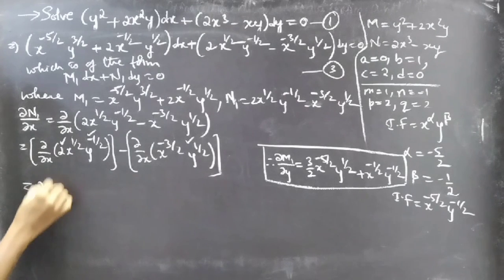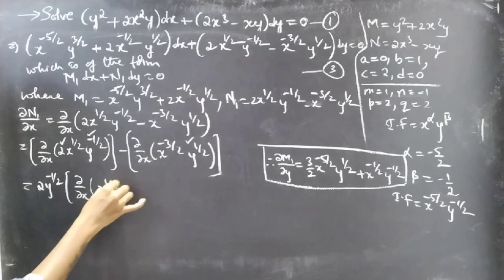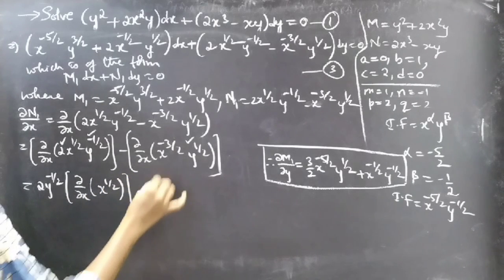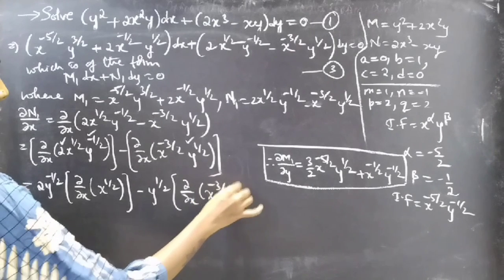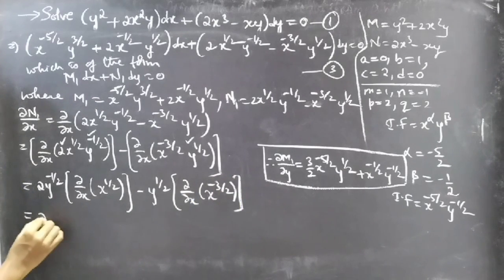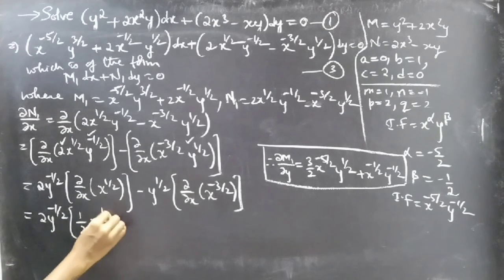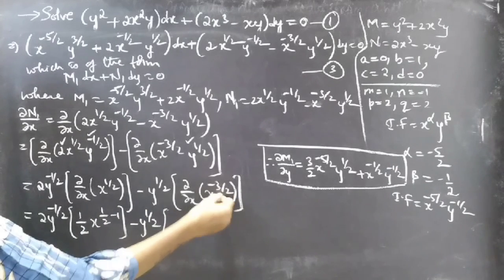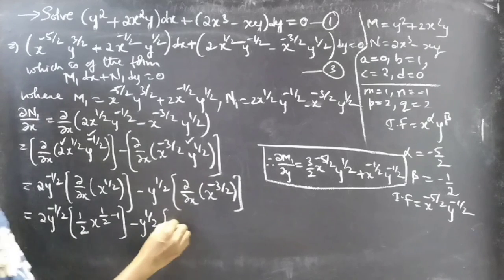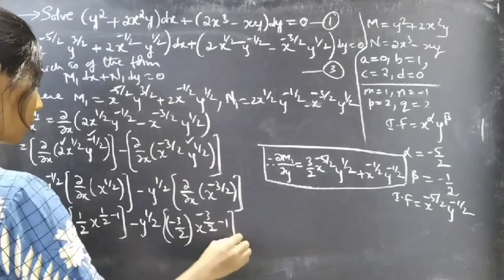We will get 2 y power minus 1 by 2 into partial derivative of x power 1 by 2 minus y power 1 by 2 into partial derivative of x power minus 3 by 2, which gives us 2 y power minus 1 by 2 into partial derivative of x power 1 by 2 with respect to x is 1 by 2 into x power 1 by 2 minus 1 minus y power 1 by 2 into partial derivative of x power minus 3 by 2 with respect to x is minus 3 by 2 into x power minus 3 by 2 minus 1, right?